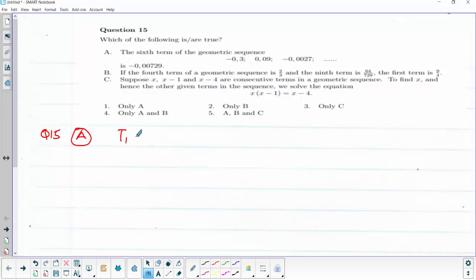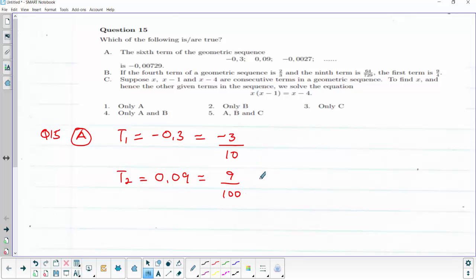Our T1 is given as minus 0,3, which can be written as a fraction, minus 3 over 10. And the T2 is going to be 0,09, which is also the same thing as 9 over 100.